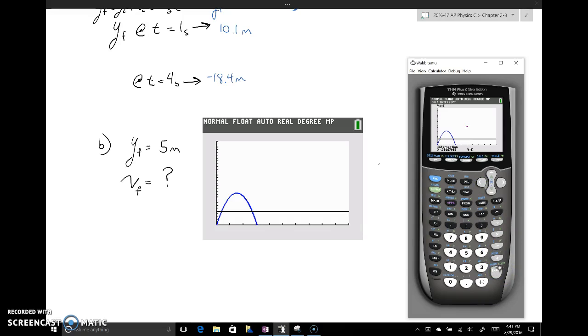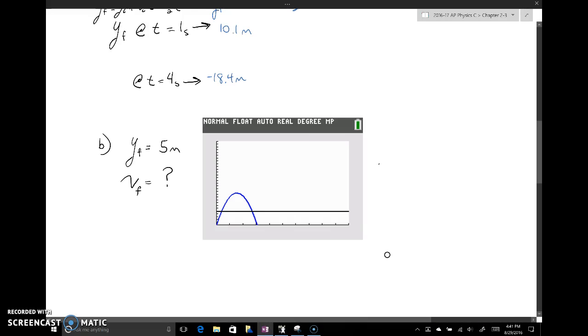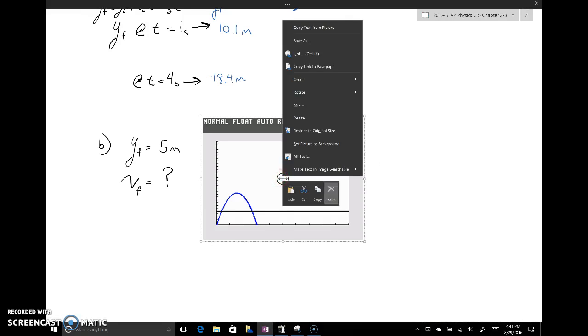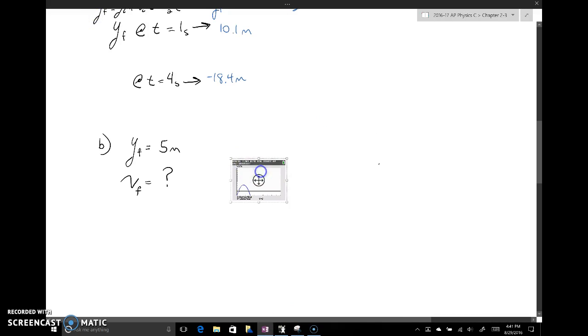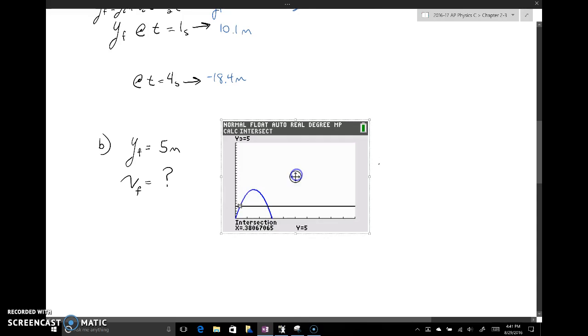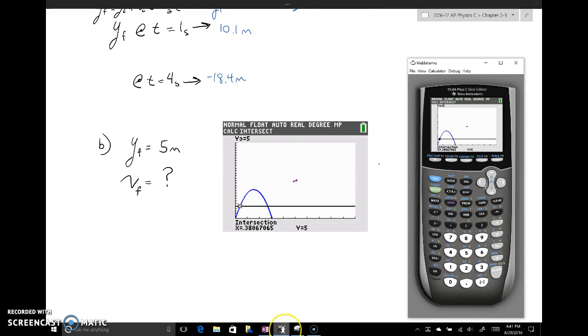And that's our intersection. So we can use that. Actually, let me delete this. Put this in there. And then we can plug that into our other equation.